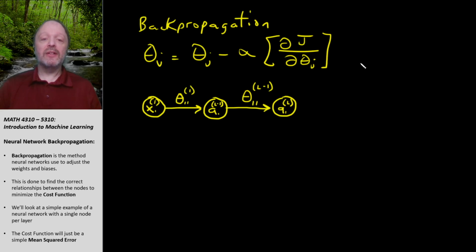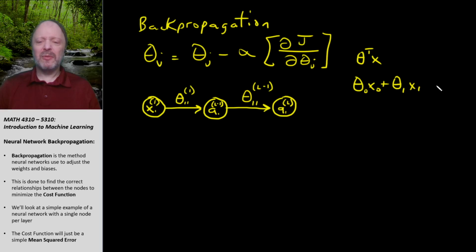Well, if you look at what we've done in the past, we've had our theta transpose x, which breaks down into theta 0, x 0 plus theta 1, x 1 plus, I'm trying to remember if I started at 1 or 0 typically. I cannot remember. Unfortunately, once you code in two or three languages, you forget where the arrays start. Do they start at element 0? Do they start at element 1?